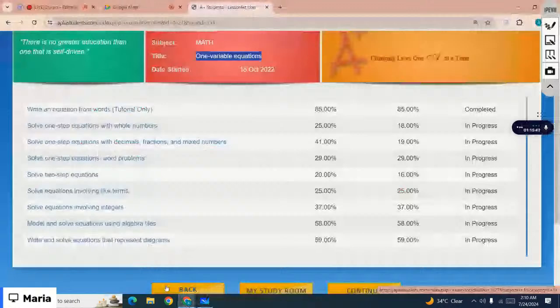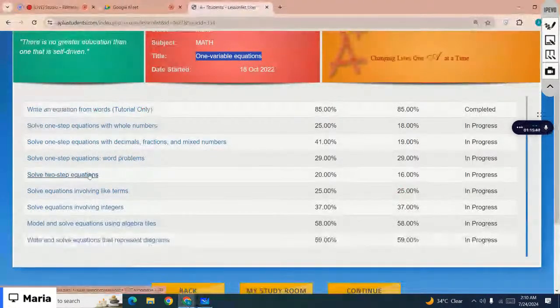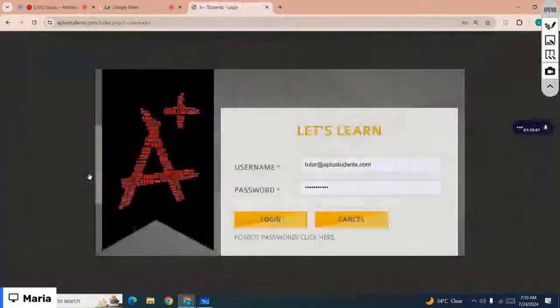Okay, so here I'm on grade 6 math, solve two-step equations. We start with the lesson.